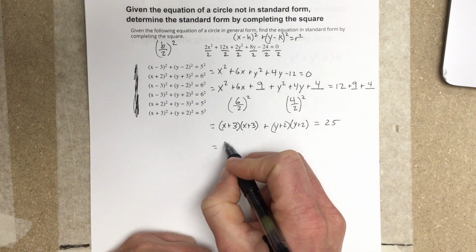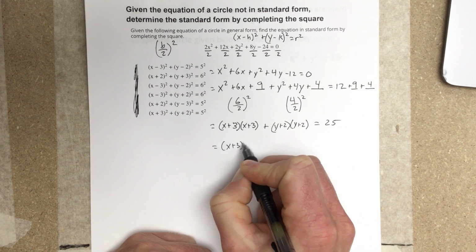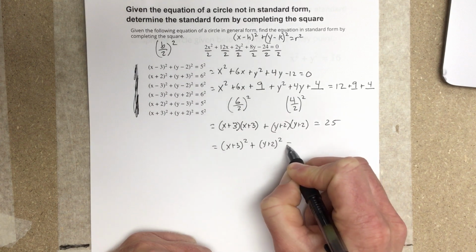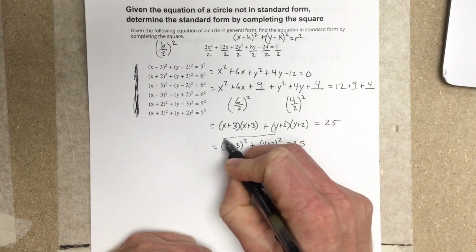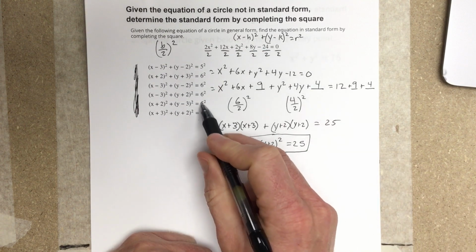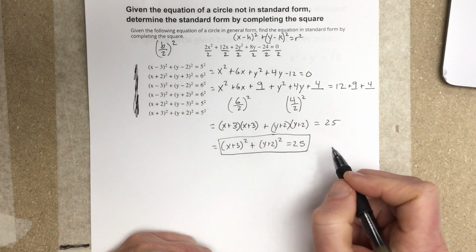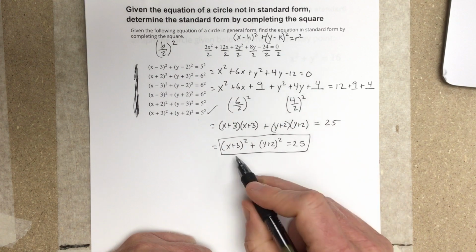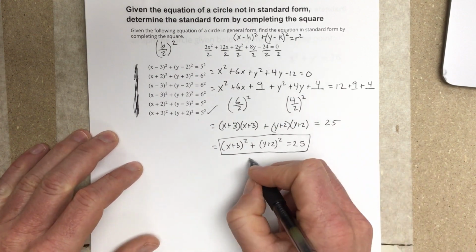So we end up with (x plus 3) squared plus (y plus 2) squared is equal to 25. And this is our standard form equation. I do notice that they write these as 5 squared there, so you could write 25 as 5 squared. You can see which option we have here. That's the last option. But we can add some extra information.